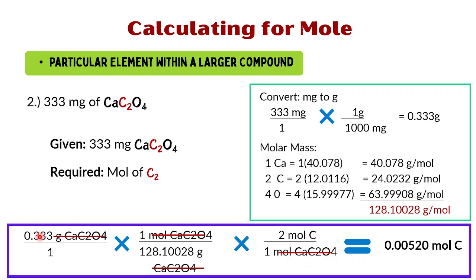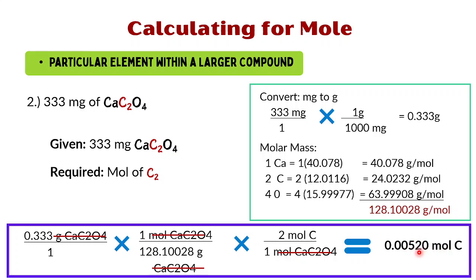And if you multiply 0.333 times 1 times 2 divided by 128.128, you'll get an answer of 0.00520 mole of carbon. So in other words, for every 333 milligrams of calcium oxalate, there are 0.00520 mole of carbon.